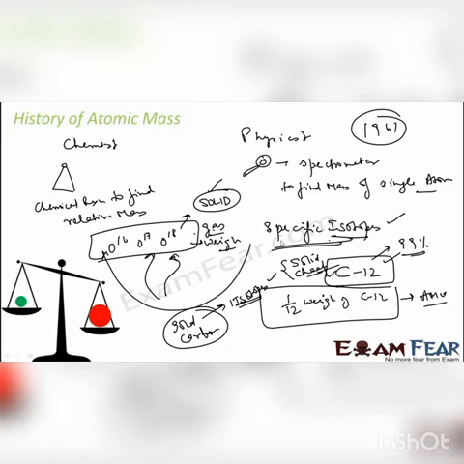So that is the history of atomic mass. It all started with Dalton's proposal of using hydrogen as one unit, the atomic mass unit, and then Ostwald proposed oxygen, which was used because oxygen reacted with so many other elements. Then it was found that oxygen has so many isotopes: oxygen 16, oxygen 17, oxygen 18. Plus, physicists around the world could measure the mass of a single atom using the spectrometer, so they were looking for a standard based on a specific isotope.